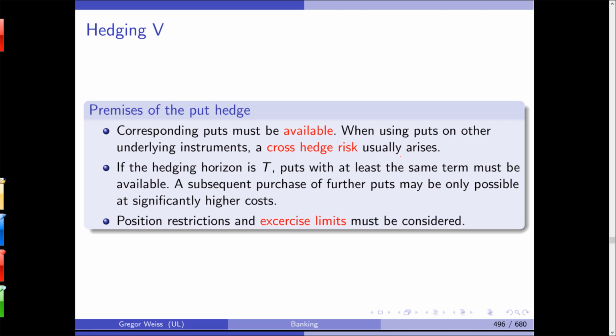No one and no financial supervisor cares about you if you sell perfume, but as soon as you start using financial derivatives, they do care. And this, together with exercise limits, is a binding constraint here. Yeah? This is nice in theory, and banks use it all the time, but in other industry sectors, risk management will usually be done without the use of financial derivatives.